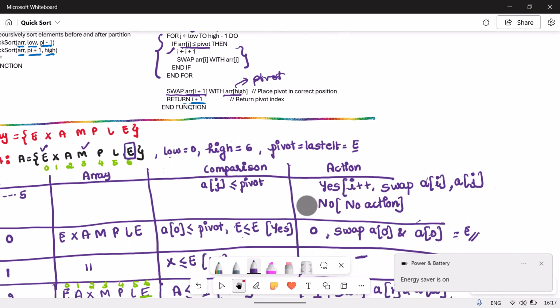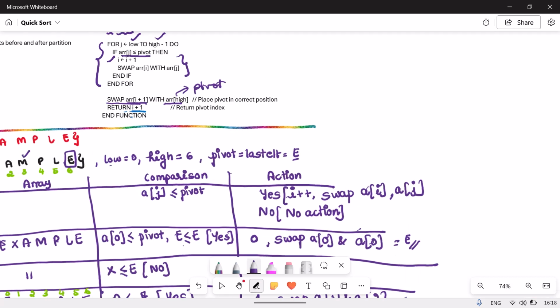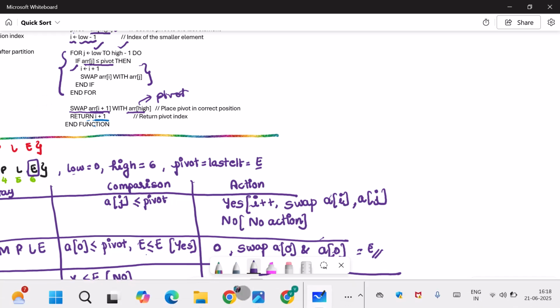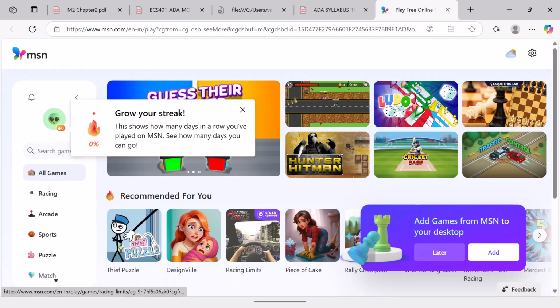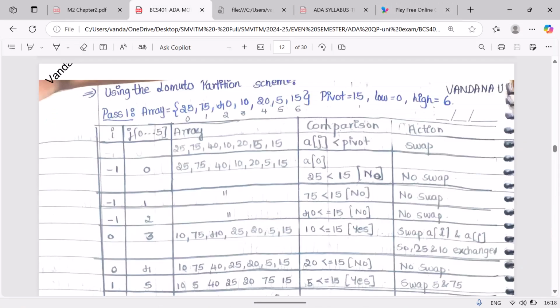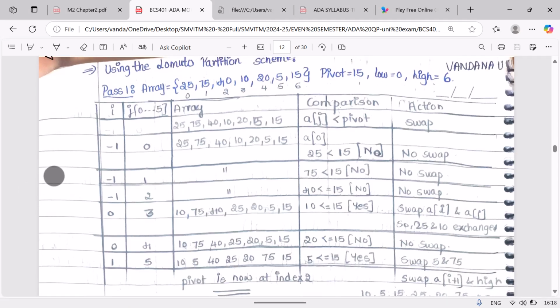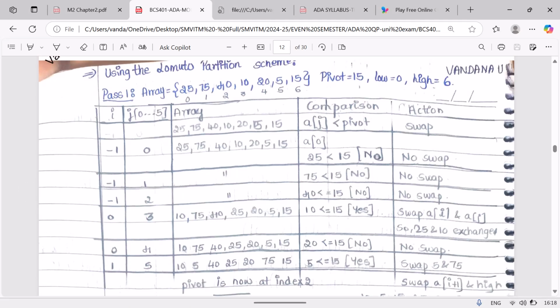So I have explained with the help of the algorithm also. And I think we have another question here. 25, I think I'll do this also. Or I think I'll show you the solution because I've already solved this. So let me show you the solution.